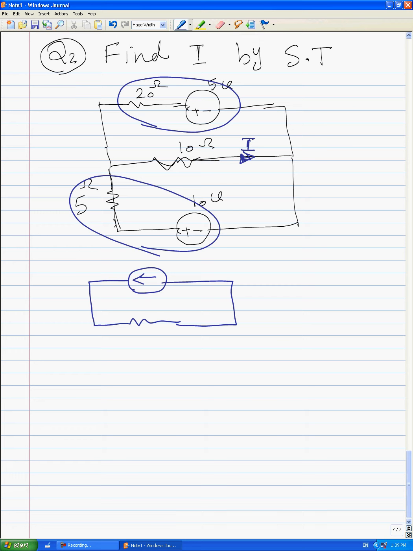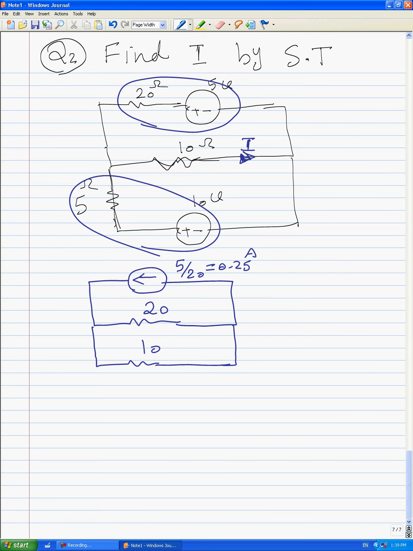The value of the current source should be 5 over 20. 5 over 20 is equal to 0.25 amps. And the value for resistor is the same, 20. And also we have 10 here.